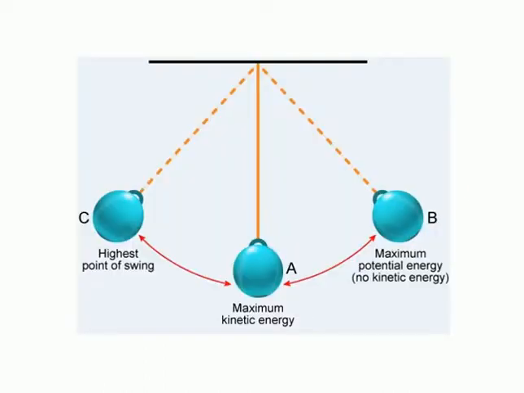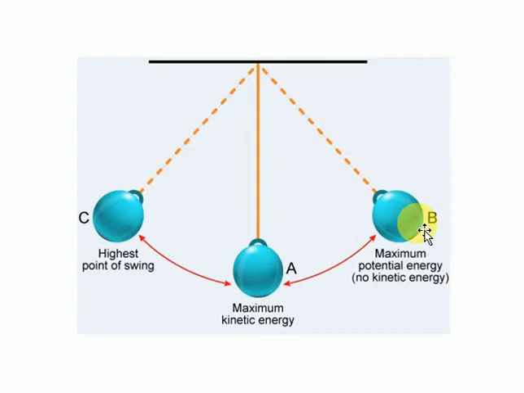See this figure. The swinging pendulum can possess either kinetic energy or potential energy. When the bob is at position B, it possesses only potential energy and not kinetic energy.